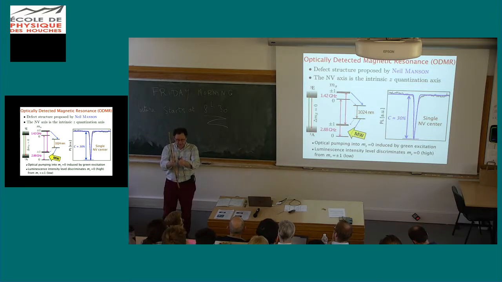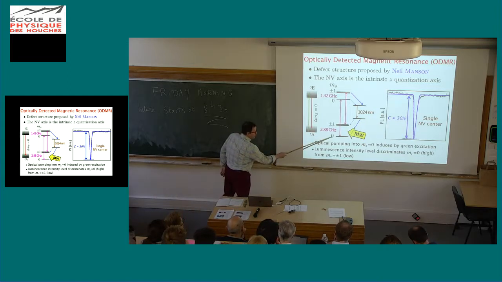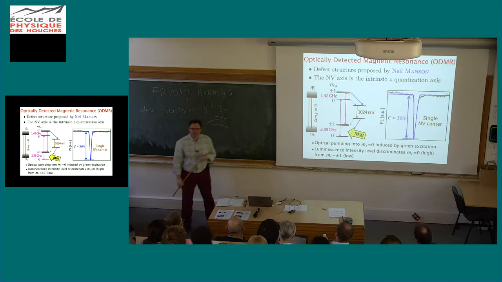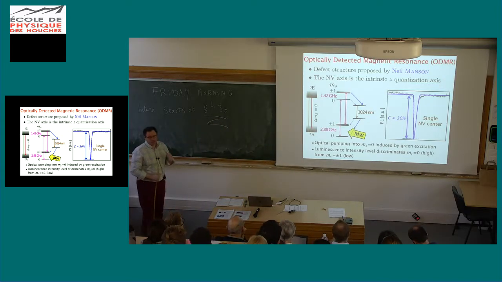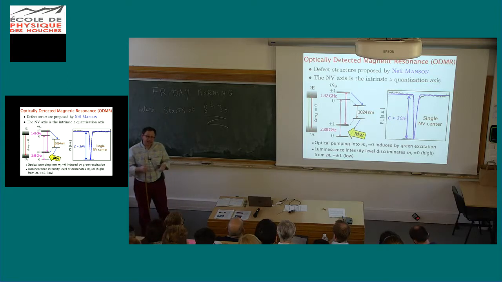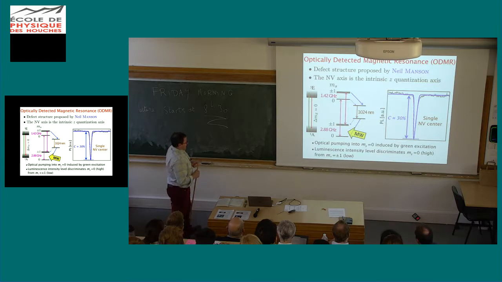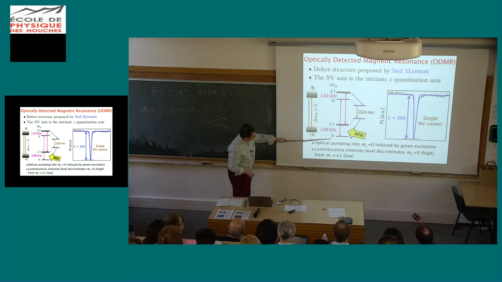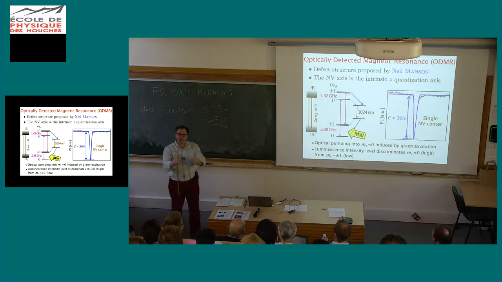This magnetic coupling will remove the degeneracy between spin ms equals 0 and spin ms equals plus minus 1, which are degenerate. Another very important point, which is a big difference compared to an atom in the vacuum, is that the NV axis will act as an intrinsic quantization axis. And so we have this spin structure. There is now a splitting of 2.8 gigahertz between them due to this magnetic dipole interaction.